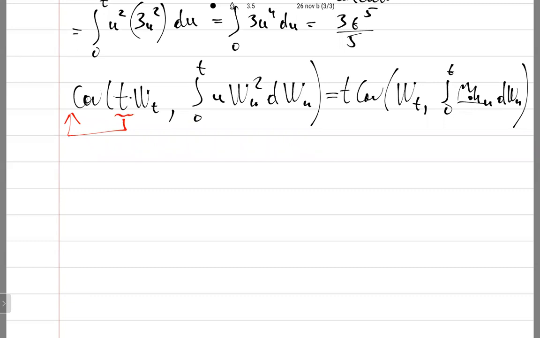In this case, the second term is a stochastic integral, but the first one is not, but we can easily represent it as a stochastic integral. So we will represent W_t as a stochastic integral from 0 to t of dW_u. What should I write here to represent the Wiener process as a stochastic integral? What should I write inside?